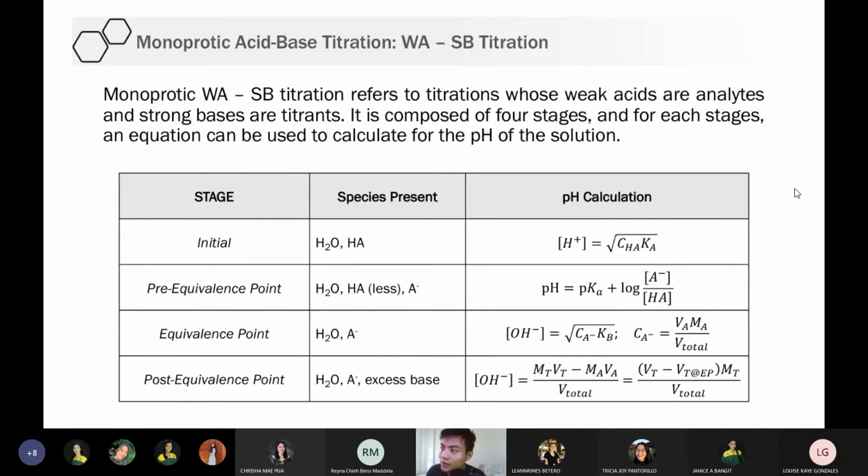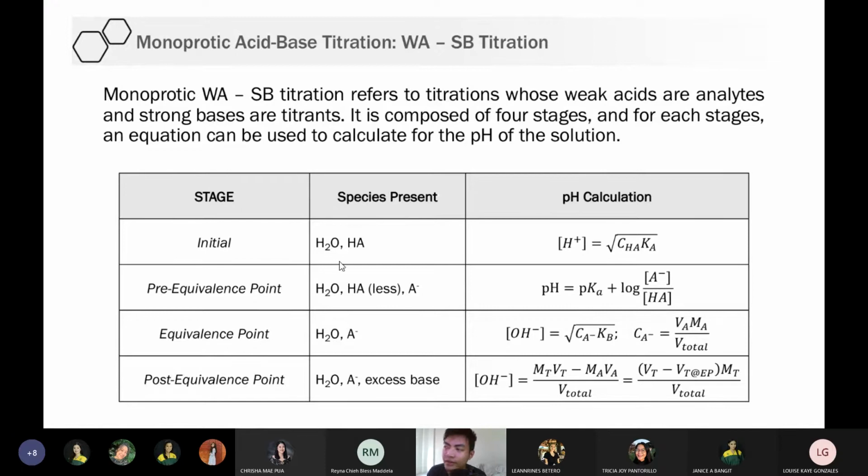Bakit may equilibrium, sir? Kasi we have a weak acid. Remember that when weak acid dissociates into ions, it is in equilibrium state. Ibig sabihin, we should follow equilibrium concept. Kaya may makikita kayo square root of, so on so forth. Alam ko, alam nyo na, pero uulitin ko uli yung idea dito.